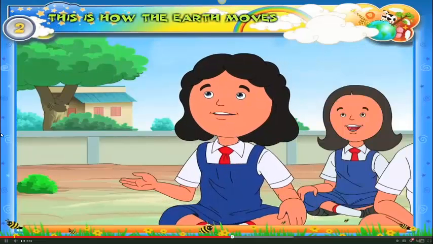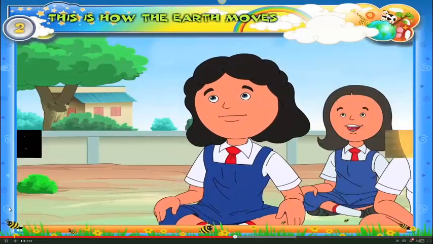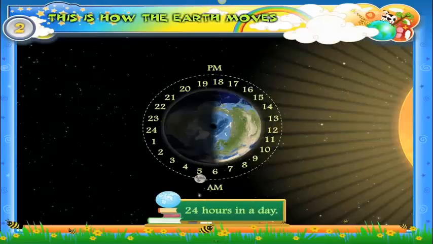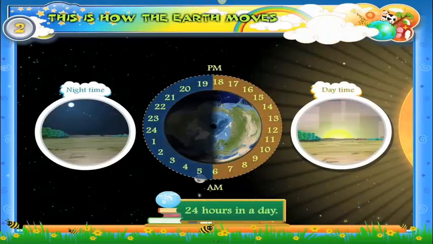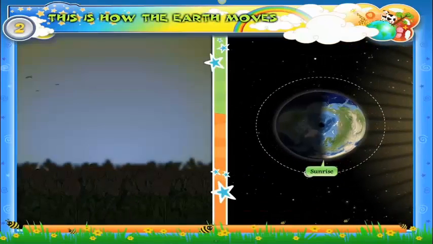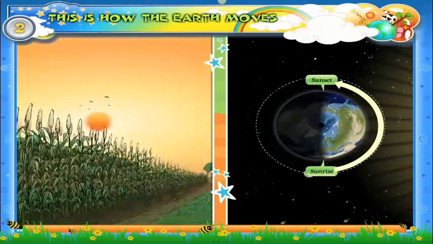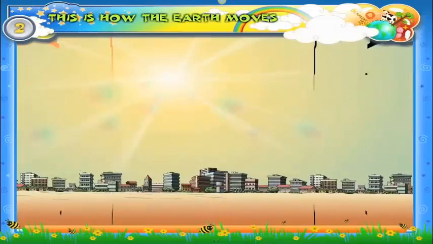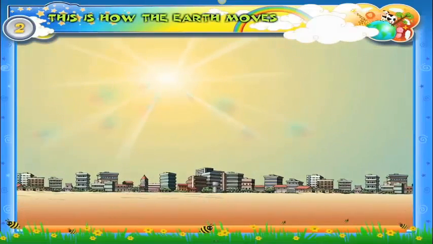How many hours are there in a day? There are 24 hours in a day. These 24 hours are divided into daytime and nighttime. From sunrise to sunset, sunlight falls on the earth. It is bright everywhere.